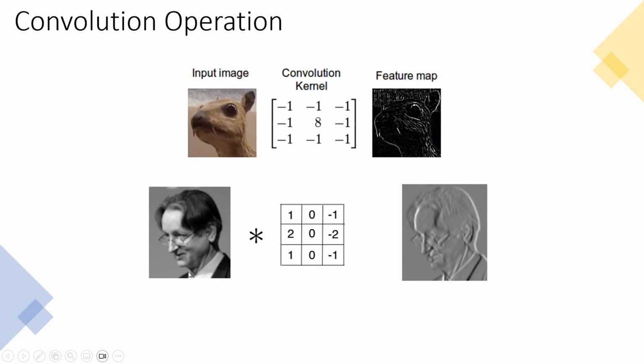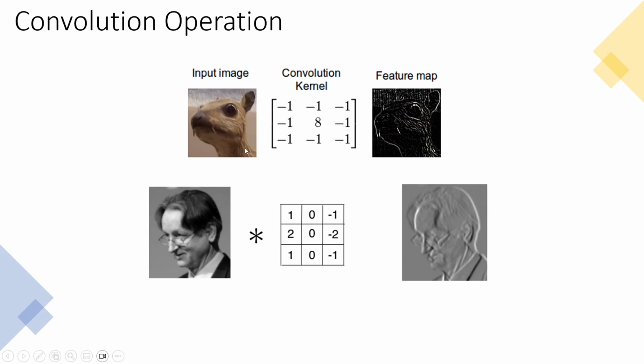So the aim of the convolution operation in image processing is to create another image from the input image by using a convolution kernel. We will be using this term a lot because the concept we're working on is convolutional neural networks, basically. And it's always going to be the same. We will have an image or a tensor, and we will apply the convolution operation on this image or on that tensor.